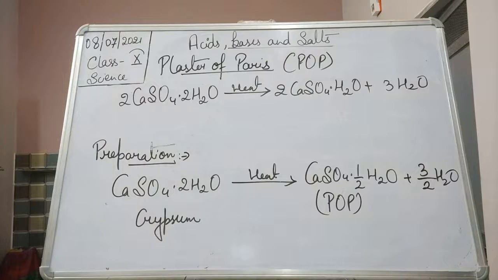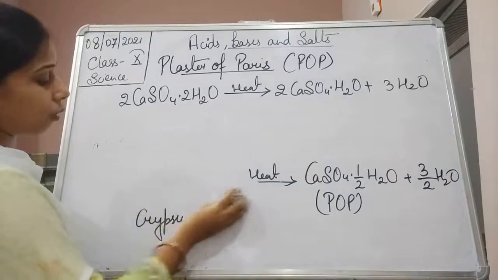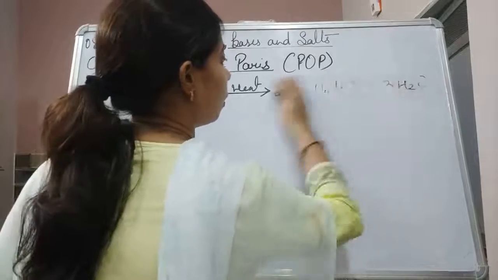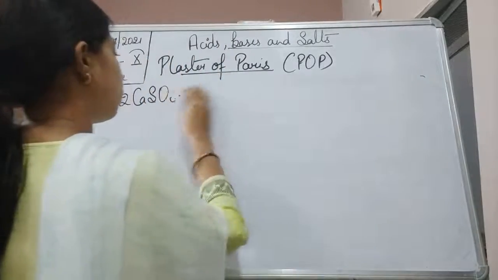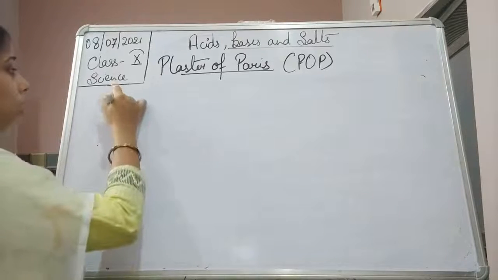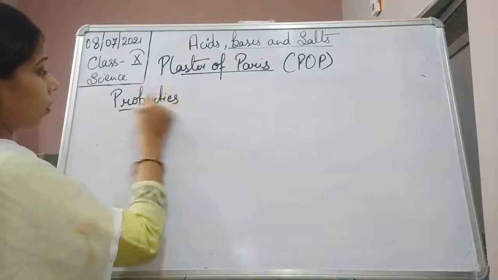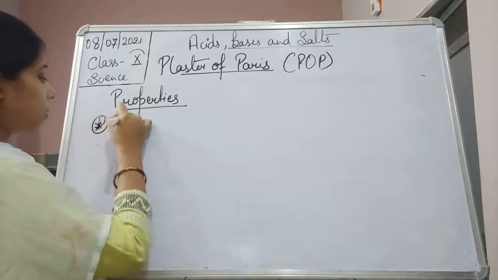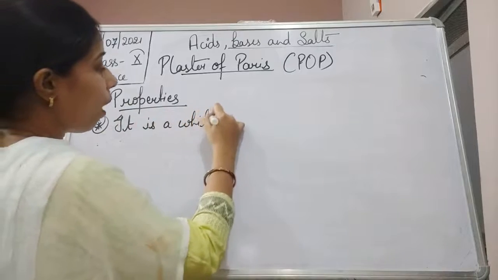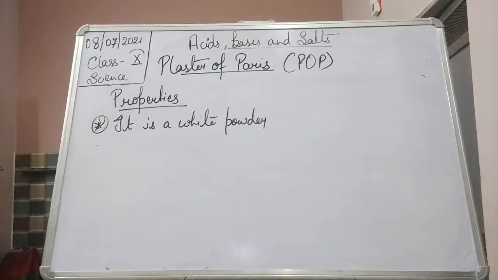Now see what the different properties of the plaster of Paris are. Properties: it is a white powder.